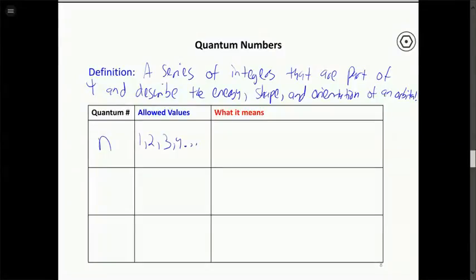So any integer value starting with 1. It is the first quantum number, so we call this the principal quantum number. It's the first one as we typically define these. And then what does it tell us physically? It tells us the energy and the size of the orbital.